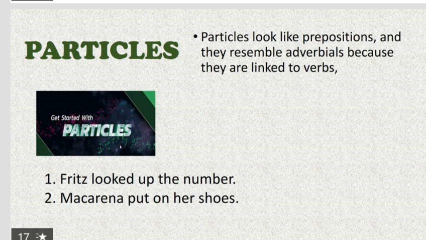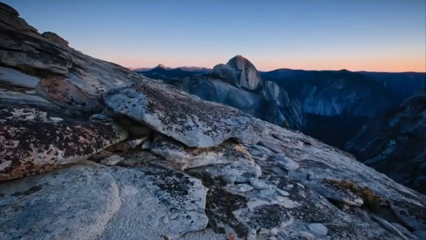Particles. Particles look like prepositions and they resemble adverbials because they are linked to verbs. For example, number 1, Fritz looked up the number. Number 2, Macarena put on her shoes.